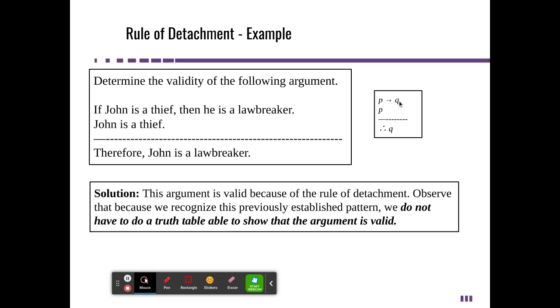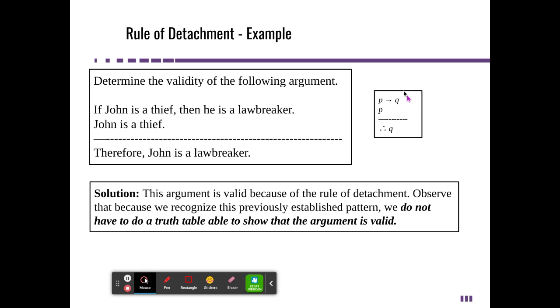So if we put those together and made a truth table, we would see that this argument is valid because of the rule of detachment. Because we recognize this previously established pattern, we do not have to have a truth table to show this argument is valid.